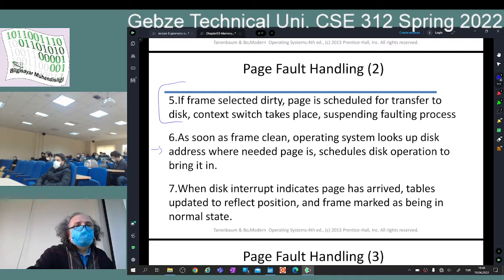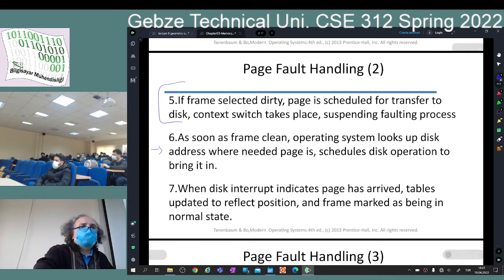Okay, so when I get the clean page, then I need to load it from the disk, assuming that the page is not in the memory. So that means that I need to wait. There is no escape from this step. Somebody has to load that page from the disk, so my process will be suspended.